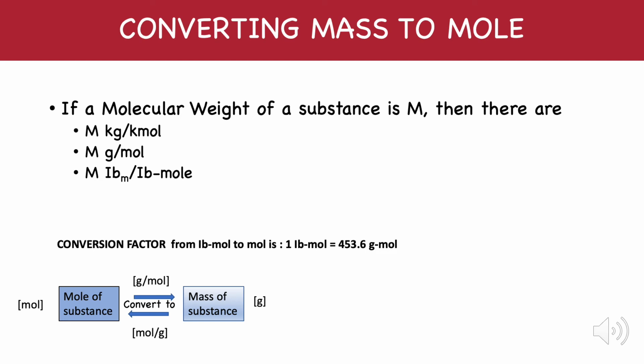And if we want to convert the mass of substance to mole of substance, then we have to divide it by the molecular weight. So these are the most common units that are used to denote the molecular weight of a substance. We can use them interchangeably by multiplying them using our conversion factor, and we have to make sure that the units are consistent.